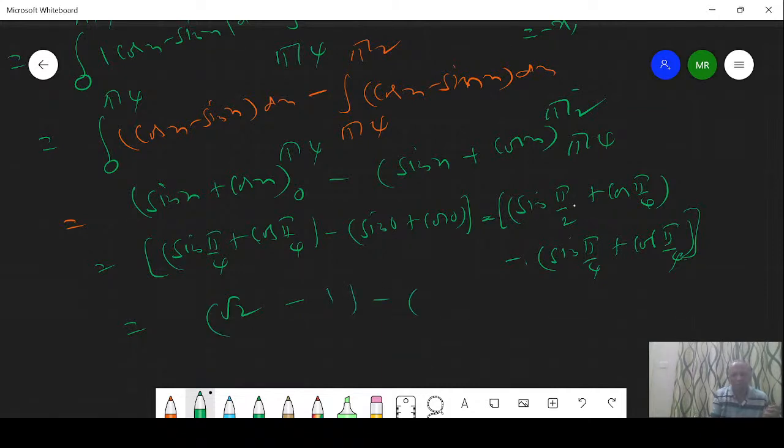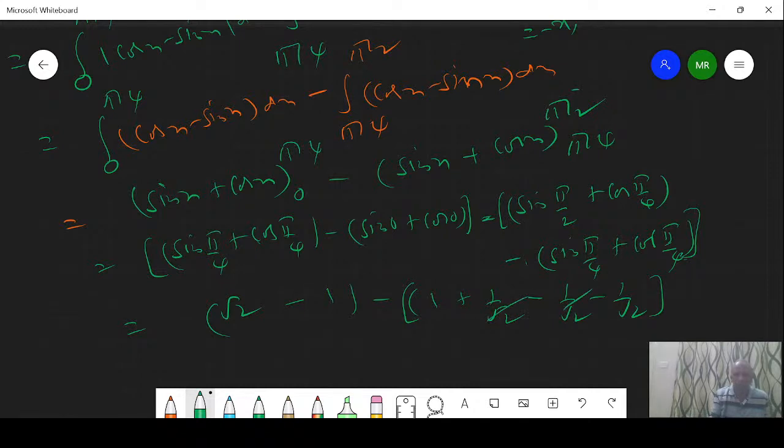The sin pi by 2 is 1, cos pi by 2 is 0, and inside we get 1 by root 2 and minus sin pi by 4 gives 1 minus 1 by root 2 and minus cos pi by 4. So I can simplify this, minus 1 by root 2.